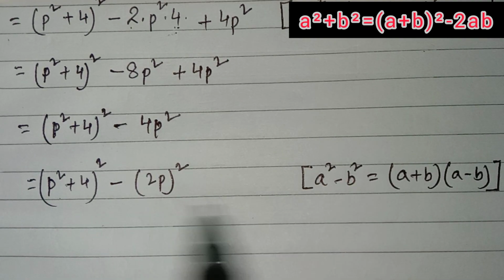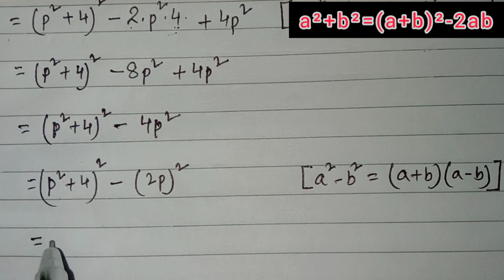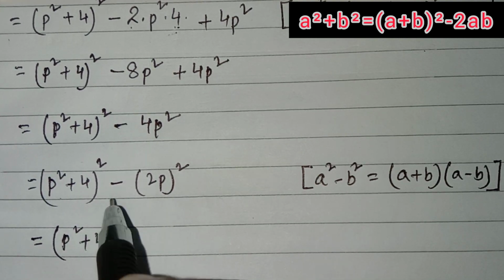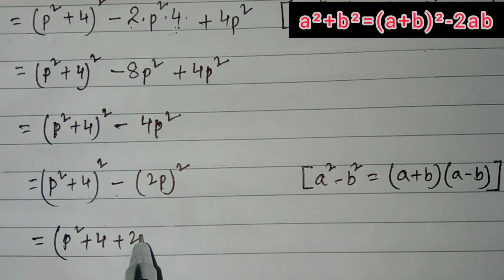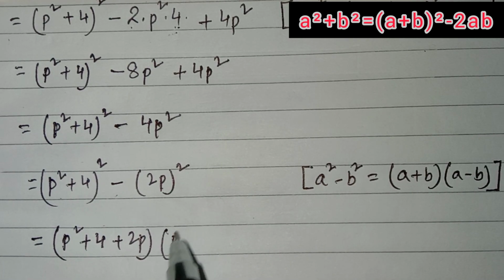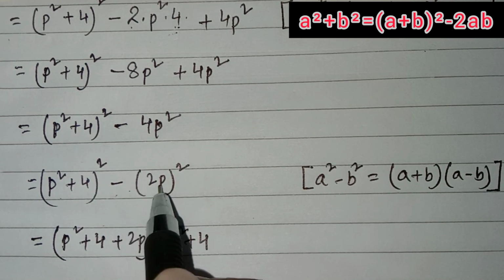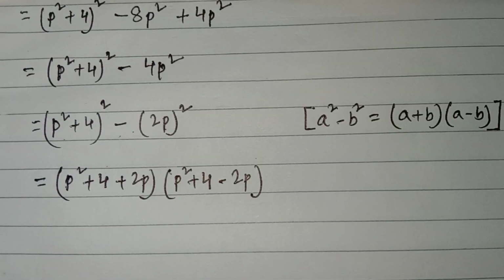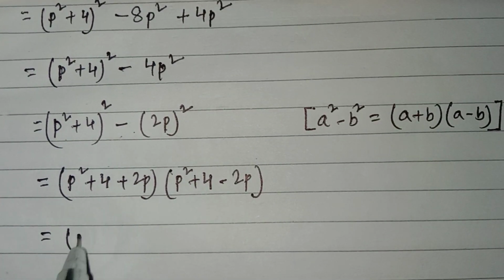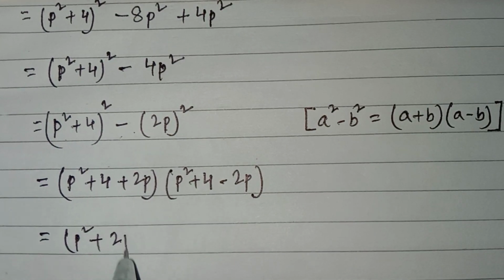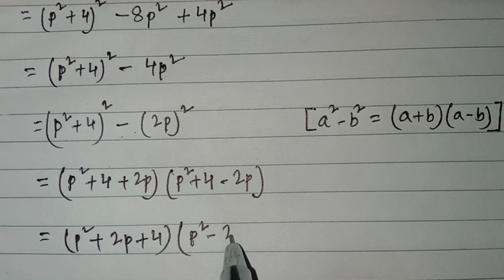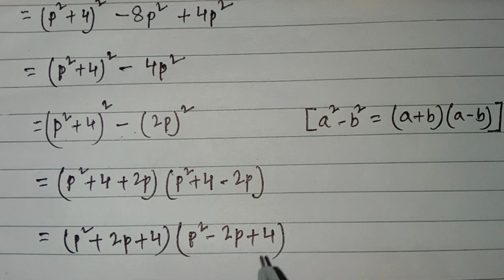So we are going to apply this here, and I get p square plus 4 plus 2p, and p square plus 4 minus 2p, and finally I get p square plus 2p plus 4, and p square minus 2p plus 4.